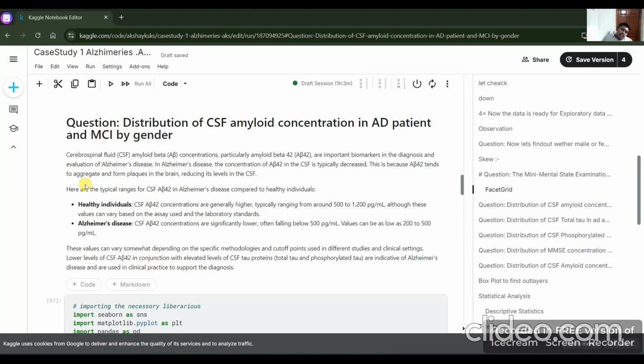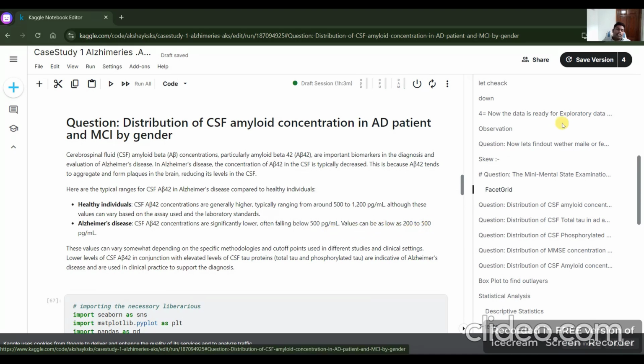Here, healthy individuals' concentrations are generally high, typically ranging from around 500 to 1,200 pg/ml, although this value is based on the assay used by laboratories. In Alzheimer's disease, CSF amyloid concentrations are significantly lower, often falling below 500 pg/ml.